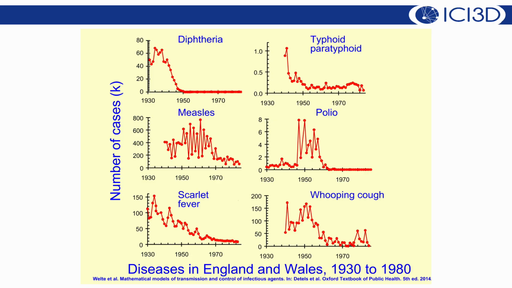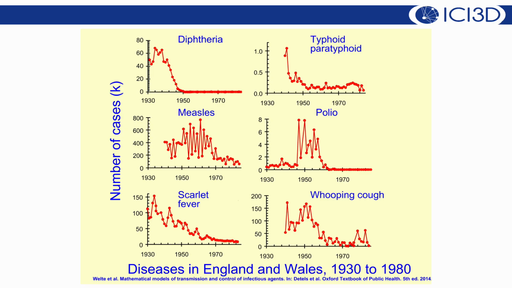Similarly with typhoid. Diphtheria has pretty much disappeared entirely. Typhoid still can hang around, but it's nowhere near as serious as it used to be. Measles are more interesting, and we'll talk about that a little bit later. And then we have polio, of which I'm sure you have heard, and you will still see people who suffered from polio.